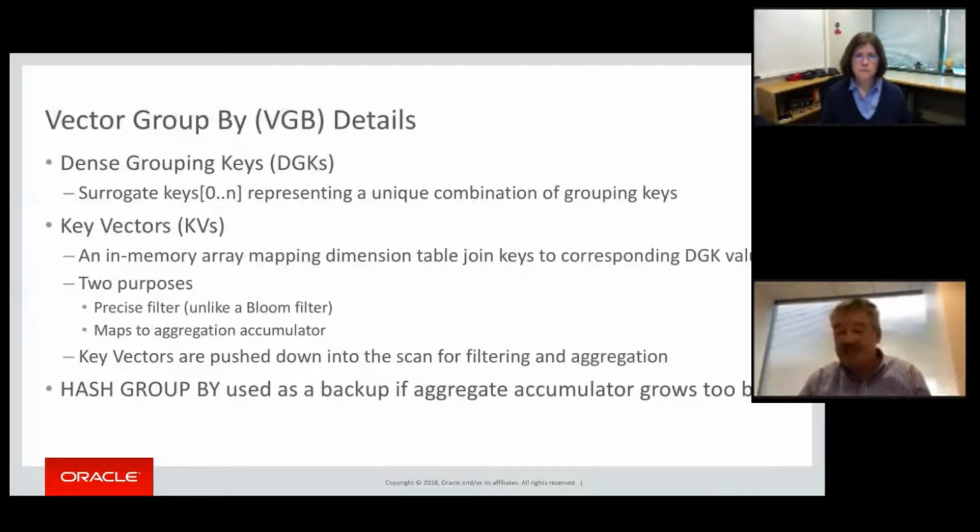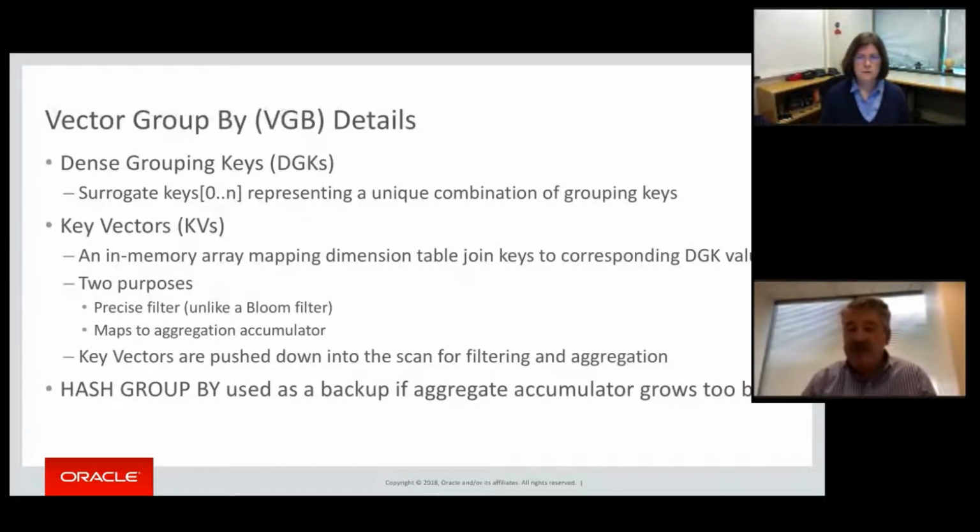If we're doing, say, a sum, we'll be able to populate those aggregated columns into the memory area where we have our aggregate accumulation. In addition, if that aggregate accumulator, since it is in memory, were to grow too big, we do have the ability to fall back to a hash group by and actually take advantage of both.